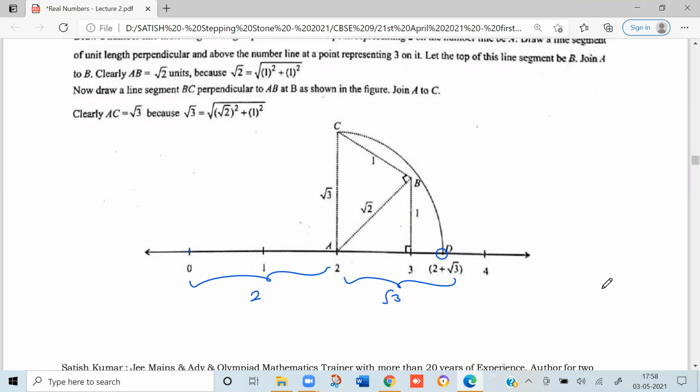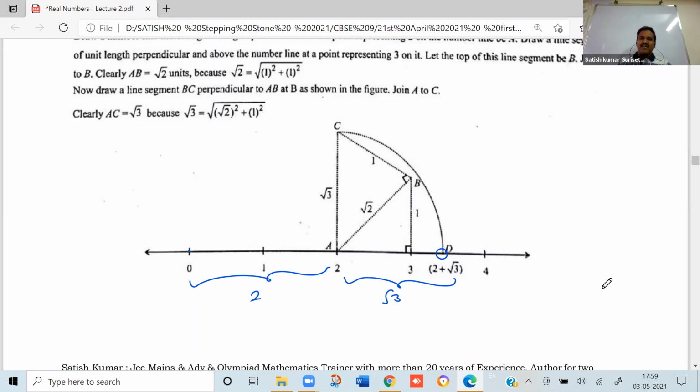Sir, rational numbers, irrational numbers. So we have discussed problems on rational numbers, that is how to write rational numbers between two given rational numbers, and that between two rational numbers you can write infinite rational numbers. After that, we discussed numbers whose decimal expansion neither terminates nor repeats.